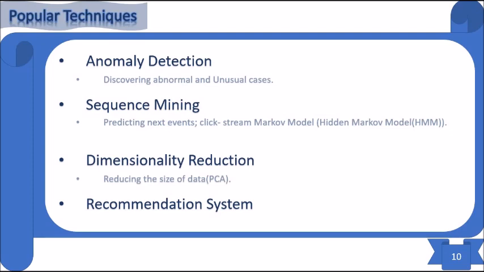It is used to reduce the size of data, that is your PCA, principal component analysis. Then you have a recommendation system, that is, it associates people's preferences with others who have similar tastes and recommends new items to them, such as books, movies, web series. We will cover some of the techniques in this series.